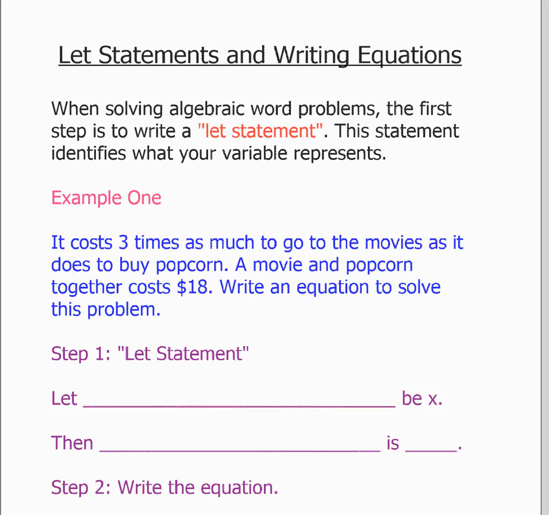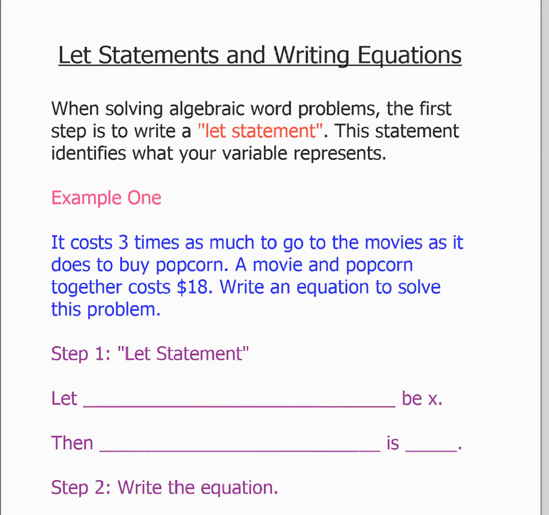So what you're trying to do is look for a statement where one thing is written in terms of the other thing. The other little hint that works almost every time is that whatever is mentioned second is usually what your variable should be. In this example, it's 3 times as much to go to the movies as it is to buy popcorn.